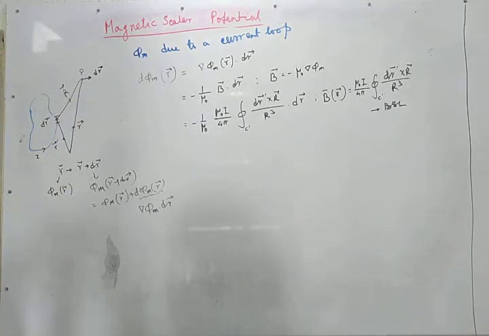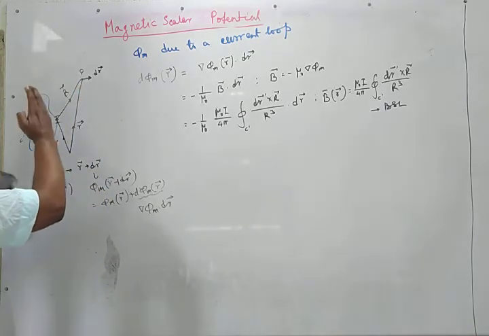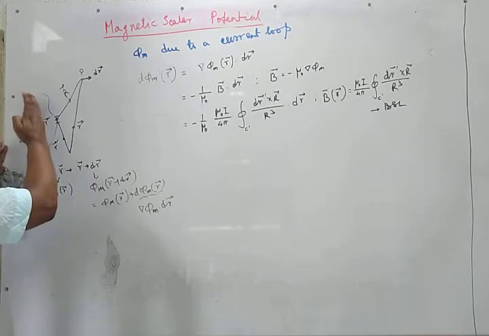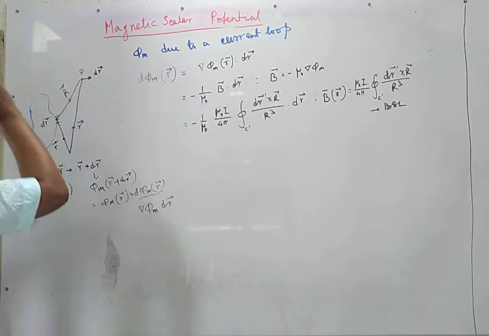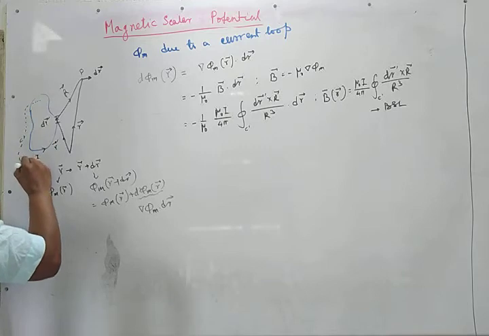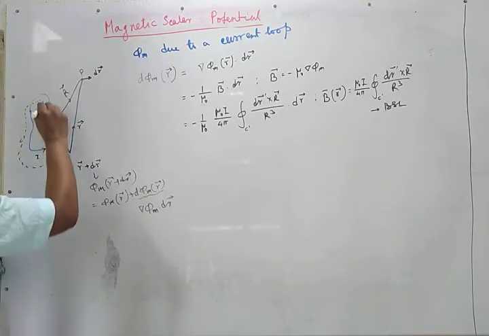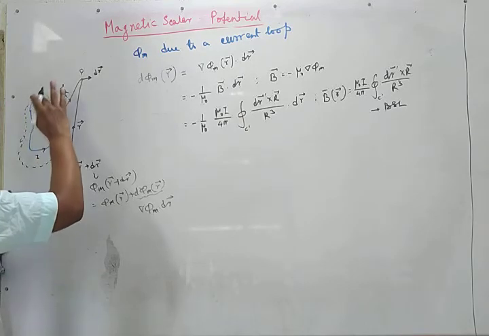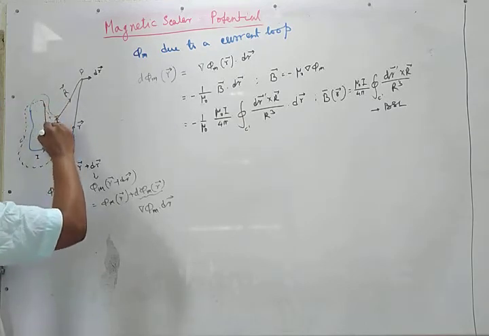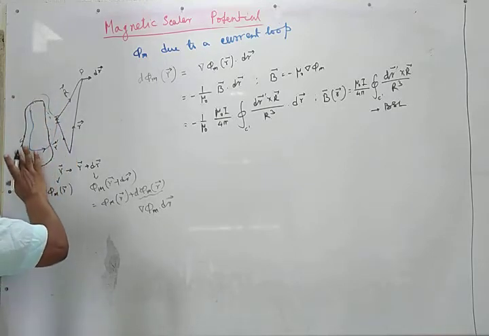Instead we could do something else. We could keep the field point fixed over here and shift the conductor in the opposite direction by an amount drp.